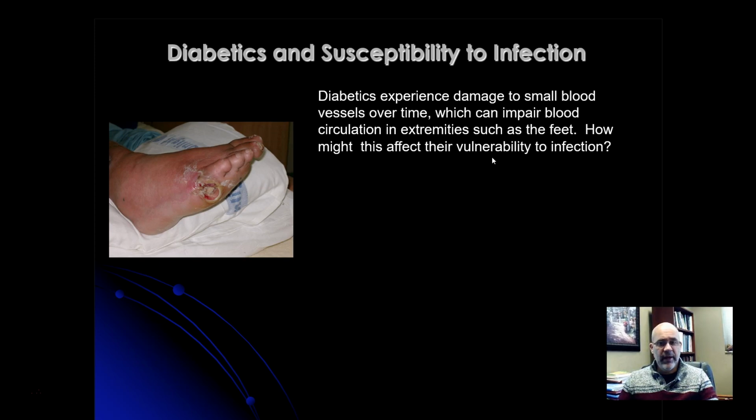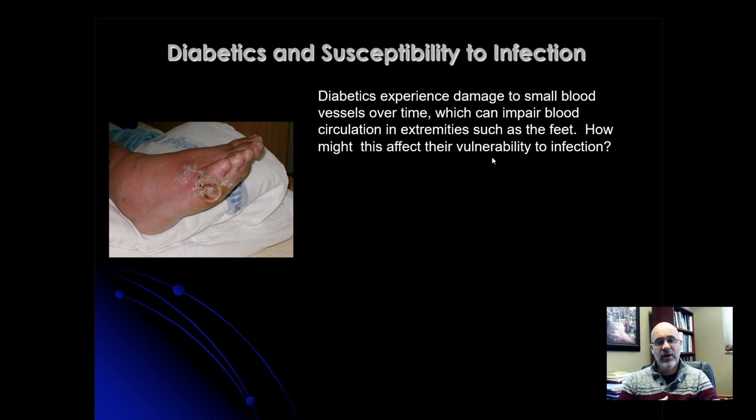So most of you guys are planning on going into nursing, and so this is something that's really common in diabetic patients, and we have a lot of diabetic patients in the United States, especially patients with type 2 diabetes, which is caused from insulin resistance. Your cells are ignoring insulin signals that tell them to take up glucose out of the bloodstream.